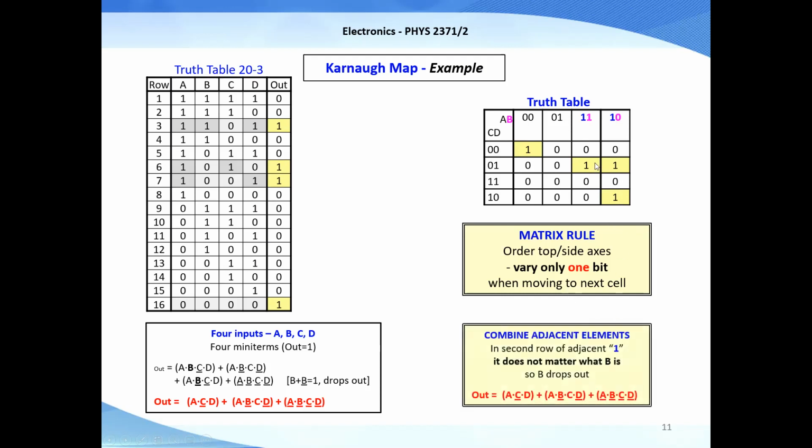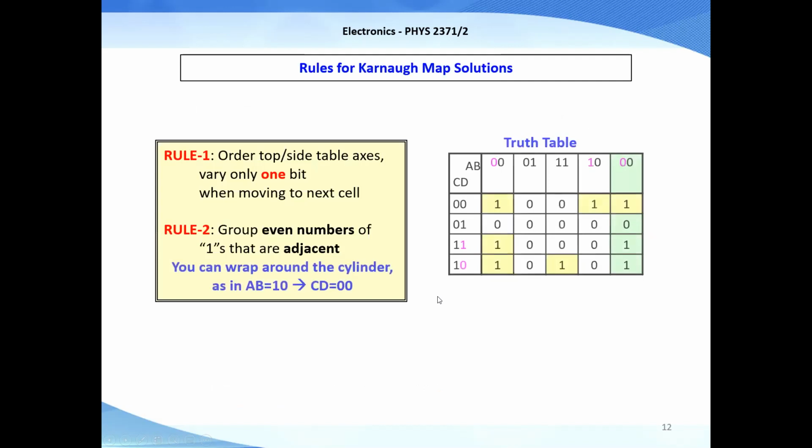So when you combine these adjacent rows, you find that B drops out and you get this equation, and it's the same equation as you got if you did it by hand this way. But when you have more complicated truth tables, then it becomes more time saving.